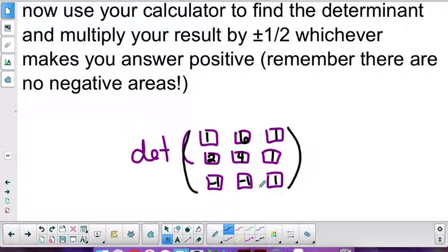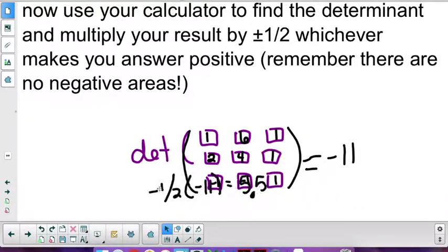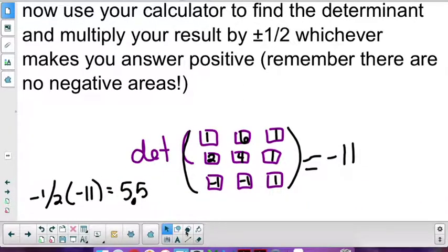So -11. And since we don't have negative areas, we basically take half of that and make it positive. So 1/2 times -11, with no negative areas, is going to be 5.5. And since it's an area, we're going to make sure that we say that this is 5.5 units squared.